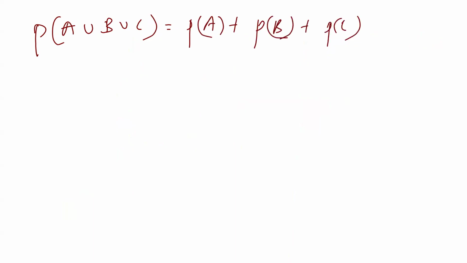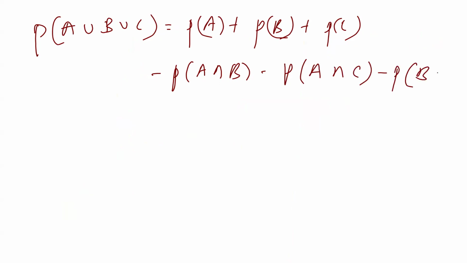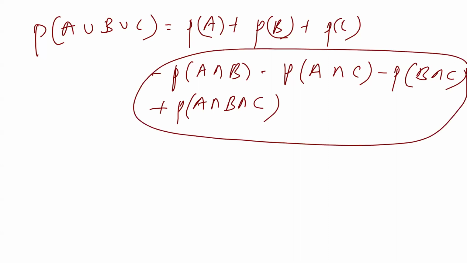P of A union B union C is equal to P of A plus P of B plus P of C minus P of A intersection B minus P of A intersection C minus P of B intersection C plus P of A intersection B intersection C. Now this entirely will be 0. Now A union B union C is 1 because the three sets are exhaustive.